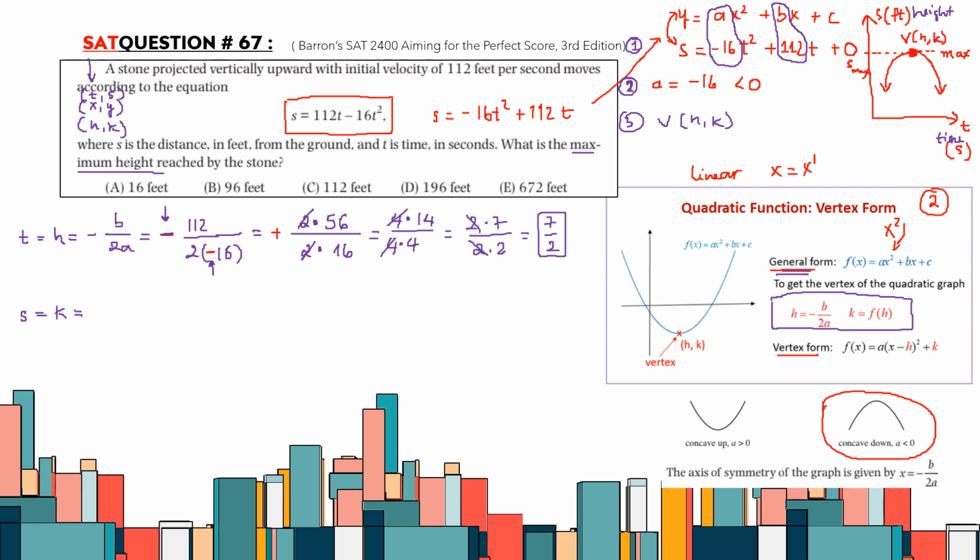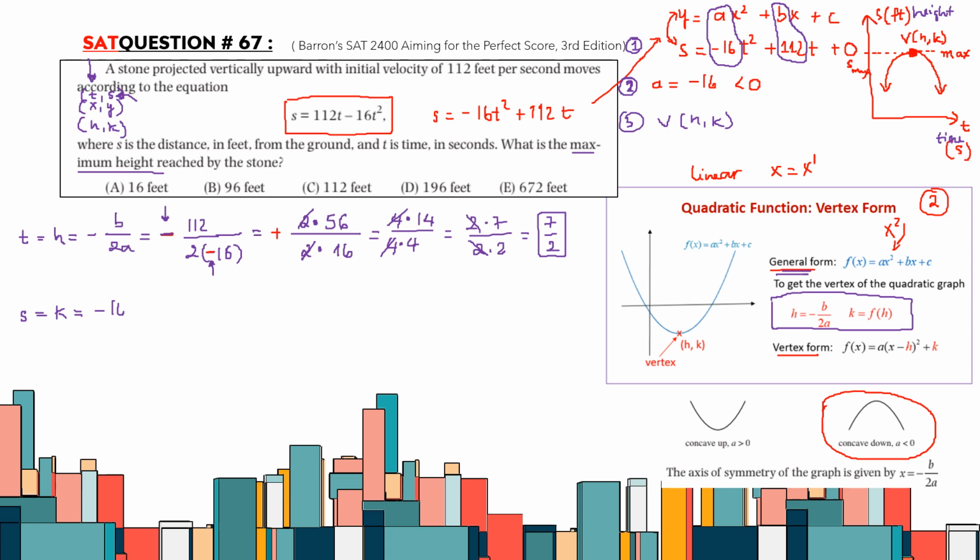So the first value will be the independent variable. The second position is the dependent variable. Okay, now we plug in whenever we see t, we plug in 7 over 2.